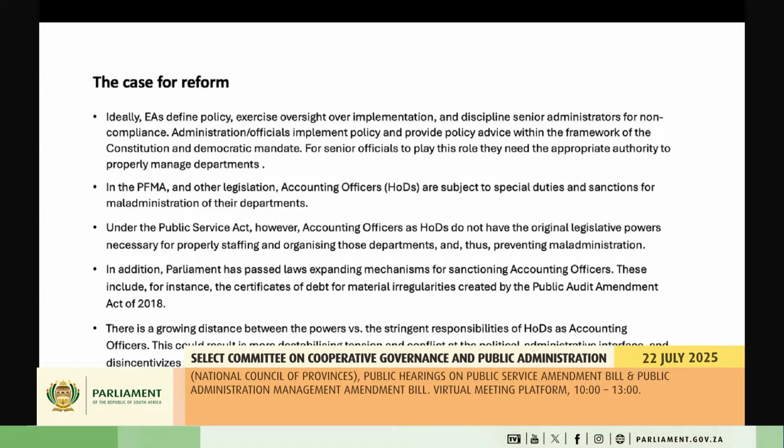And yet at the same time, under the Public Service Act, those accounting officers as HODs don't have the original legislative authority or powers necessary for properly staffing their departments, structuring them and organizing them, and therefore the appropriate authority to prevent maladministration.